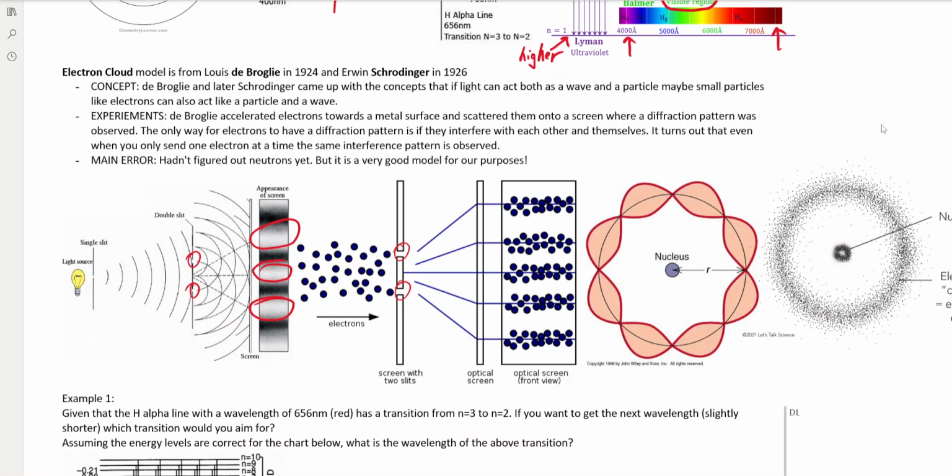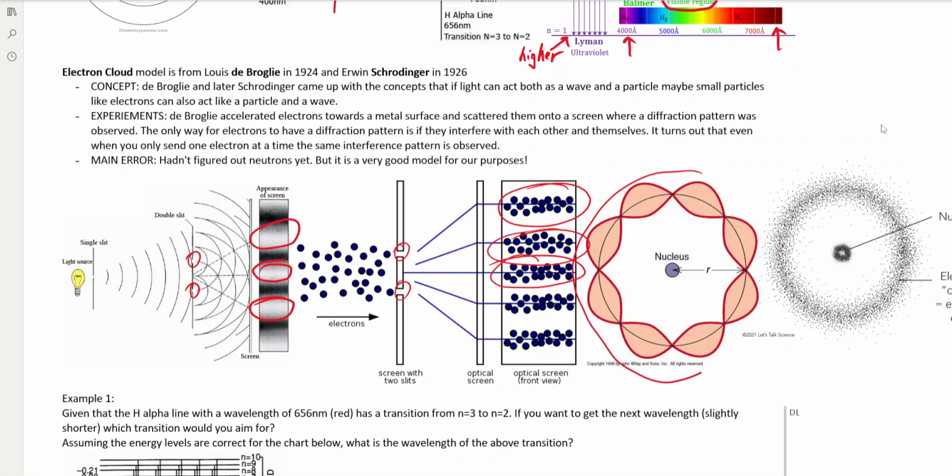What happens is that electrons will actually interfere with themselves, and they're going to have this central antinode, which is very strong, and then they're going to have N1, N2, etc., just like we had with Young's double slit. Because this diffraction and interference pattern shows up with electrons as well, they suggested that electrons are also waves, and so they're not just a particle around a nucleus, but they are waves around a nucleus.